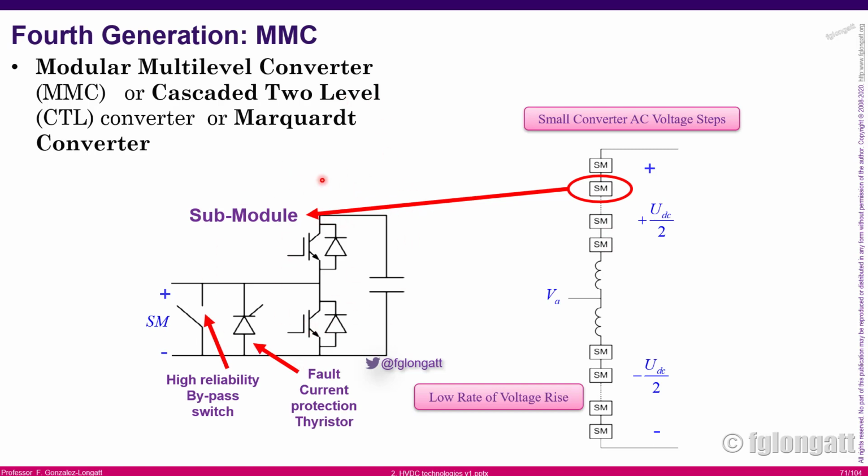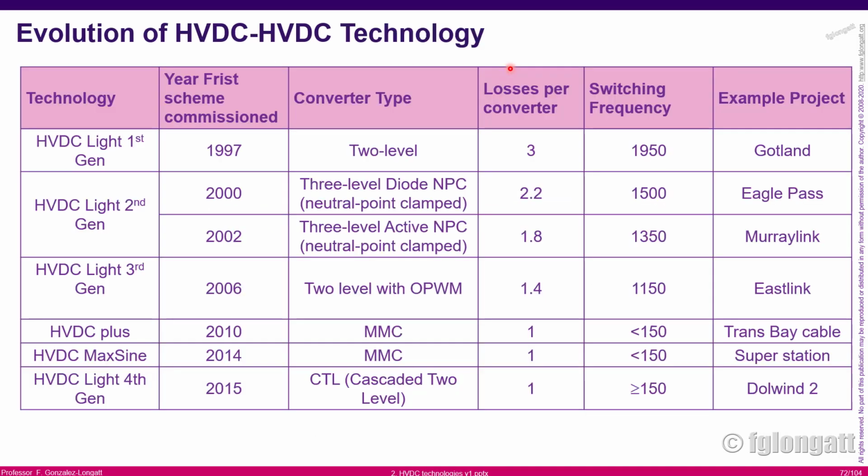Well, we have something that is extremely simple in each one of them, and we can control them in order to create a more sophisticated signal closer to the sine wave, okay? And that is the basic background to understand the modular multi-level converter, okay?